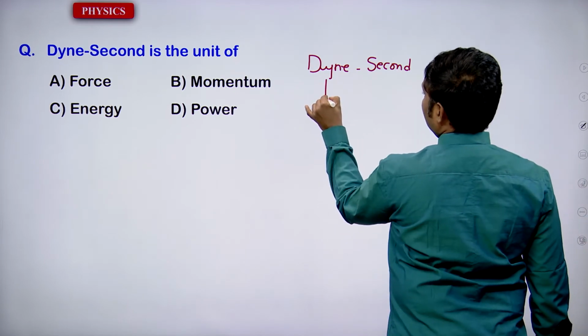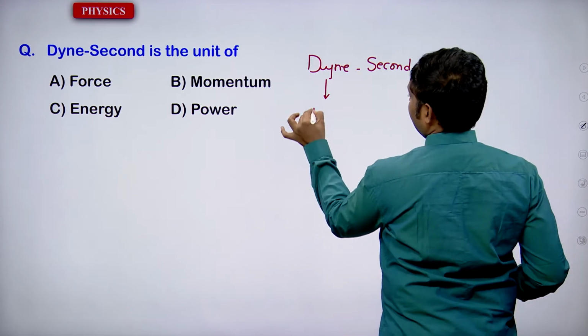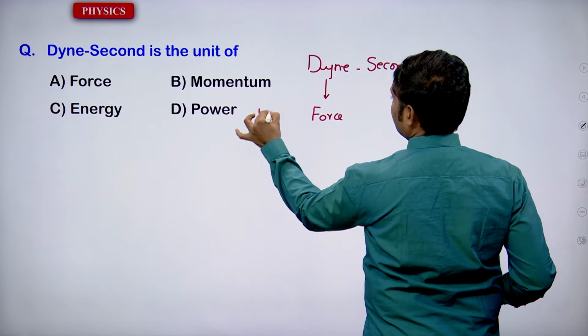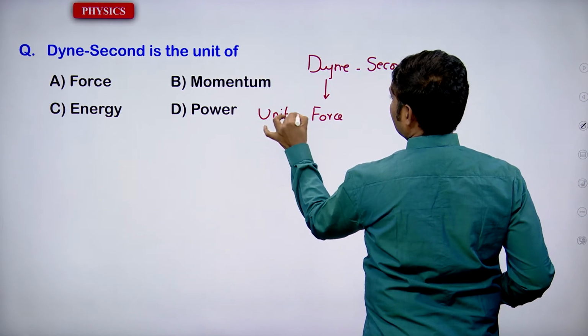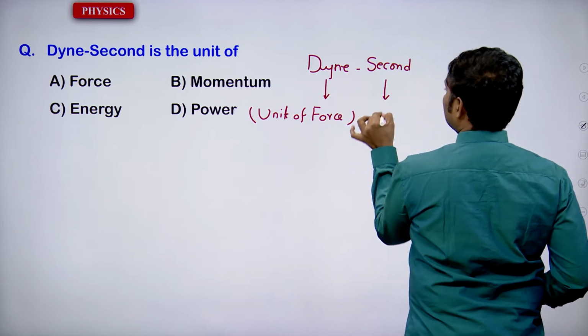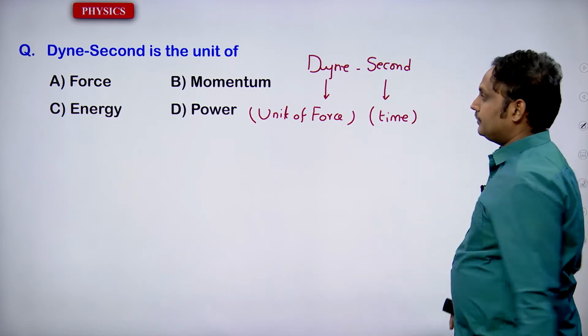Dyne is the CGS unit to represent force, it is very clear. Second is the unit of time.